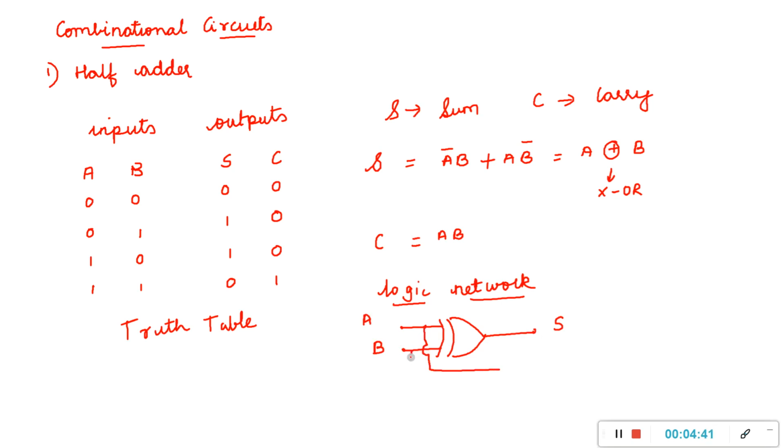AB is a logical AND, so I'll use one AND gate which gives me carry. This is the logic network for the half adder. Hope you have understood this half adder.